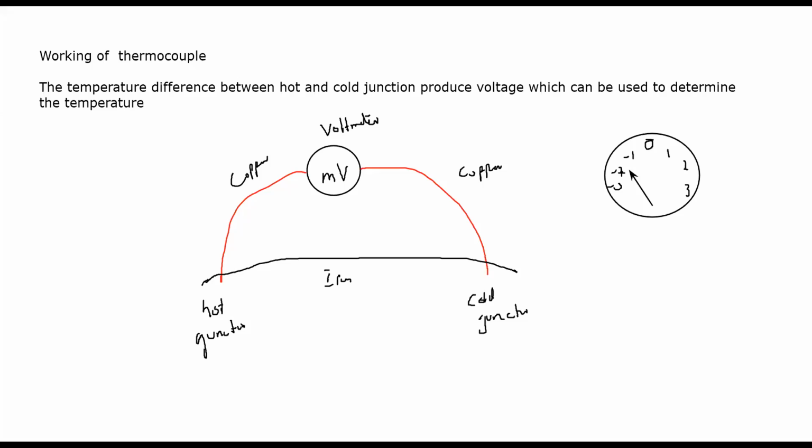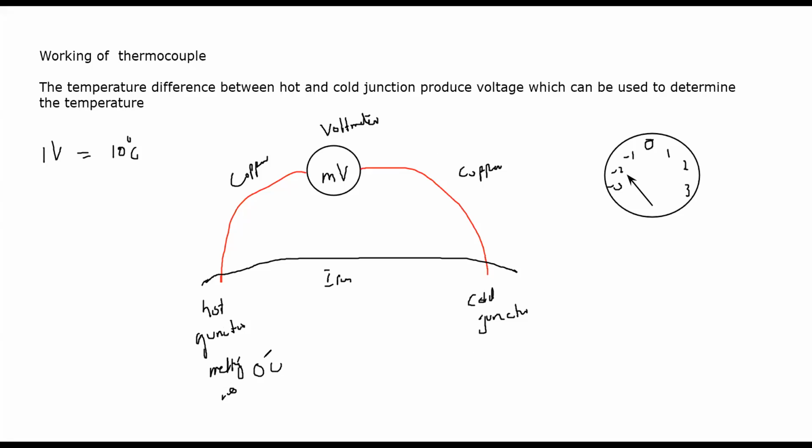So for example, you are using a zero center millivoltmeter, which shows -2. And the scale is that 1 volt stands for 10 degrees. Here you place melting ice.